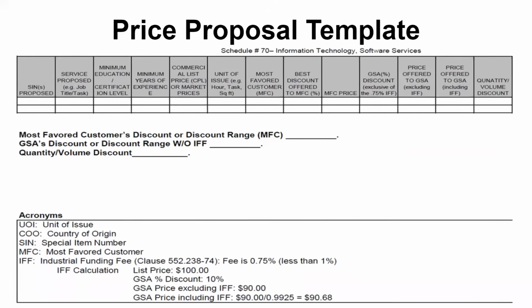And quantity volume discounts are here. With quantity volume discounts, based on the amount of sales or the amount of the award, if the award is, say, $1 million, you're able to offer quantity discounts.